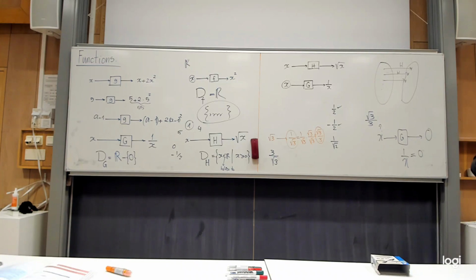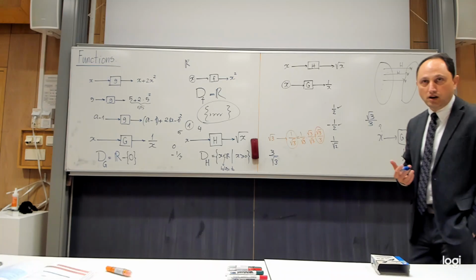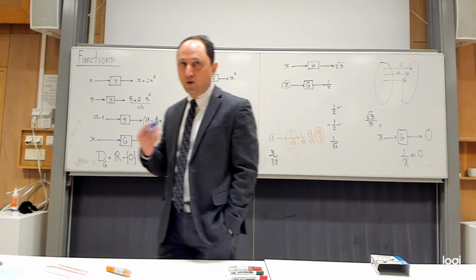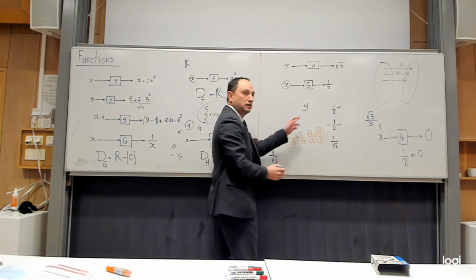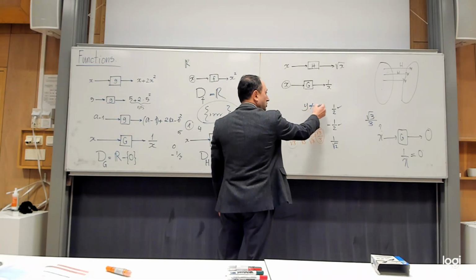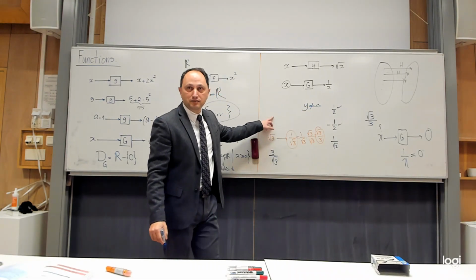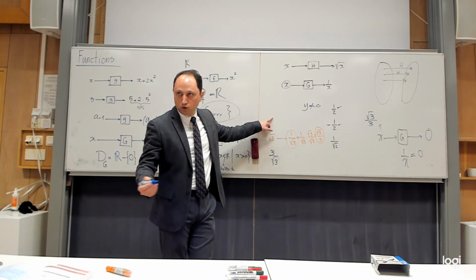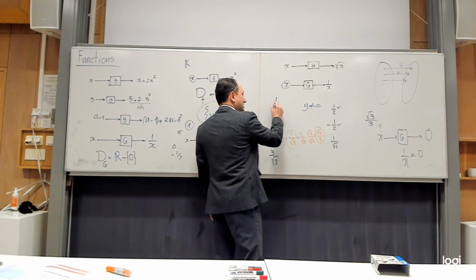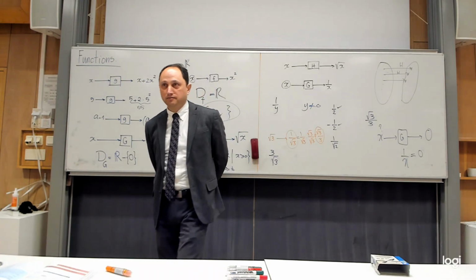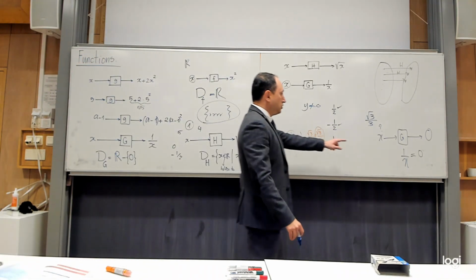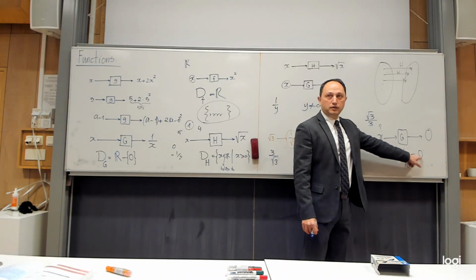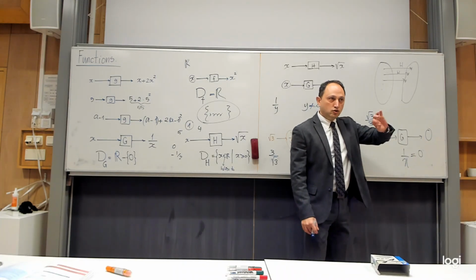Is 0 the only number that is not covered? Yes. Why? Because any number y which is not 0 is covered with 1 over y. Is that understandable? You told me that 0 is not covered. I agree with you, so 0 should be excluded.